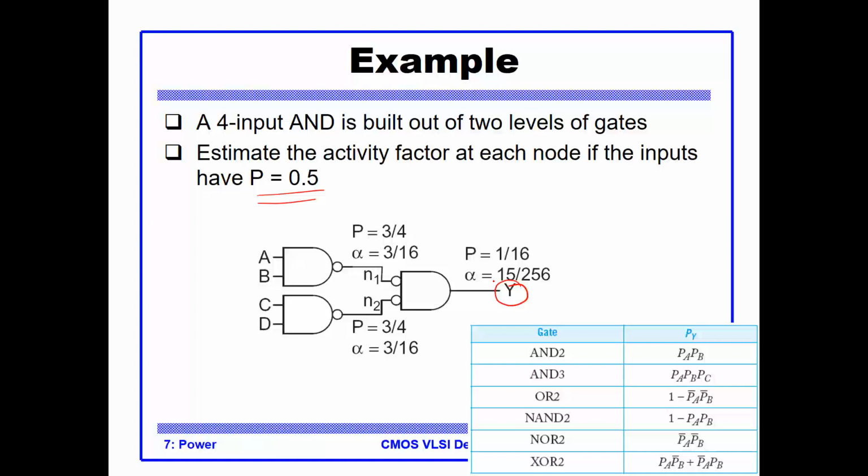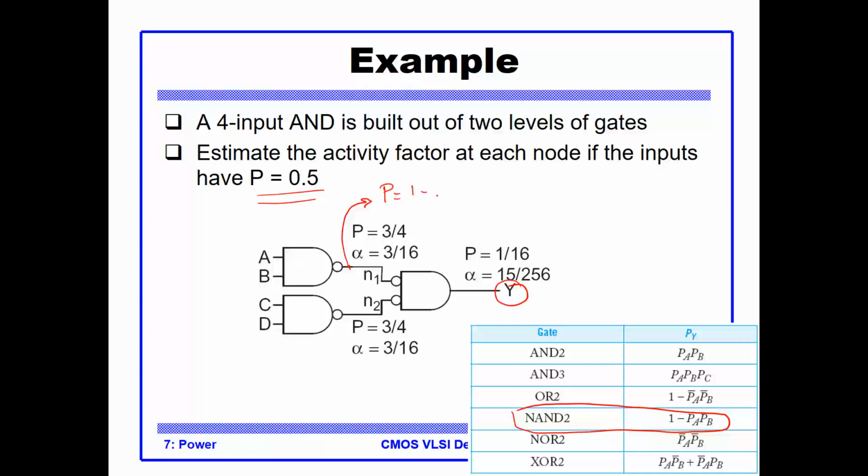Okay, so in terms of the probabilities that are given, I can from them calculate the probability of the output from this table below. This is an AND2, this is an AND2. Here is the NAND2, where it says that you subtract from 1 the probability of the two inputs. So let's calculate the probability of this output.